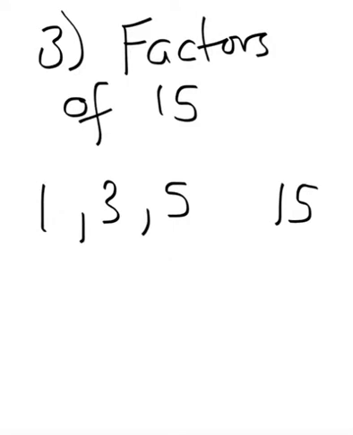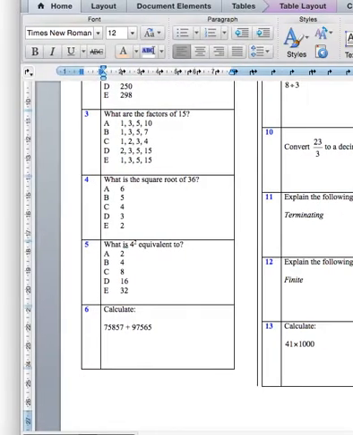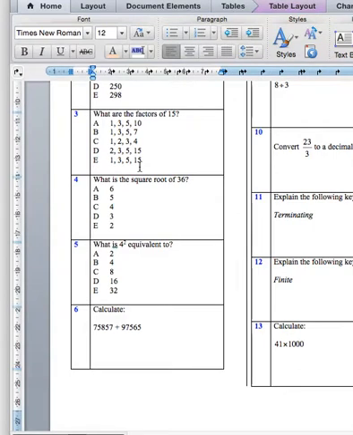No. Once you've reached halfway of that number, you can stop because it's impossible for the higher numbers to get in there. So I know 8 can't divide into 15, and I'll stop there. So these are the factors of 15. There were 4 factors, and I got 1, 3, 5, 15, and it was E, 1, 3, 5, 15.